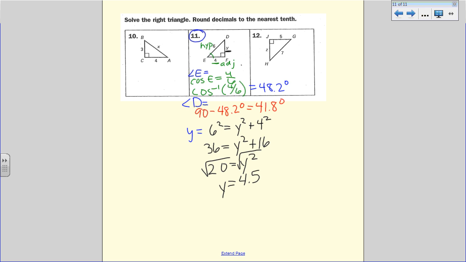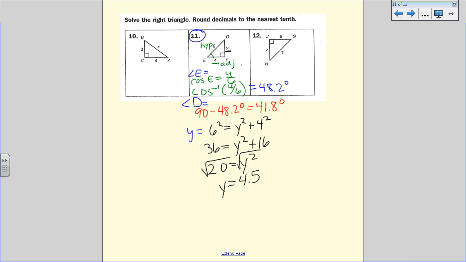For my leg, it has to be less than 6, because 6 has to be the longest side. So if you take the square root and get an answer bigger than 6, you know you have something you need to fix. Without actually taking that square root and getting a decimal, I don't know how many of you can estimate whether that answer is bigger than 6 or less than 6. So that's part of the reason I've resorted back to those decimal values.